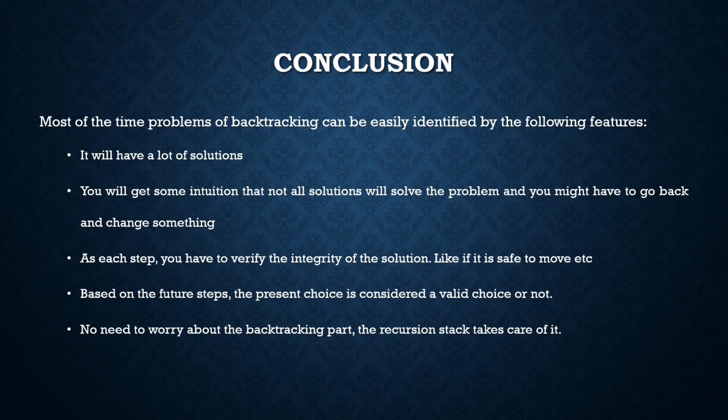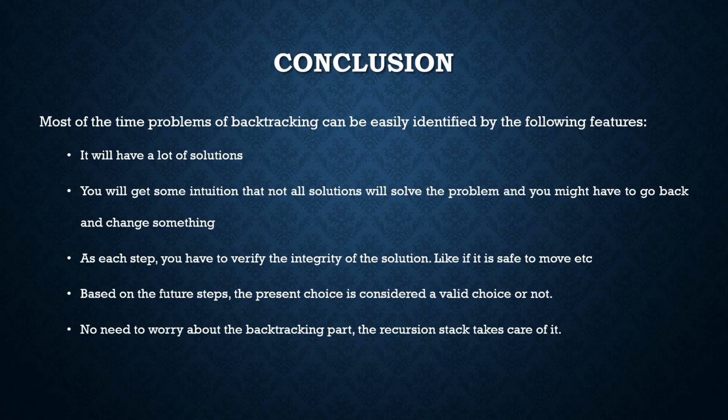Conclusion. Most of the time, problems of backtracking can be easily identified by the following features. It will have a lot of solutions. You will get some intuition that not all solutions will solve the problem and you might have to go back and change something.